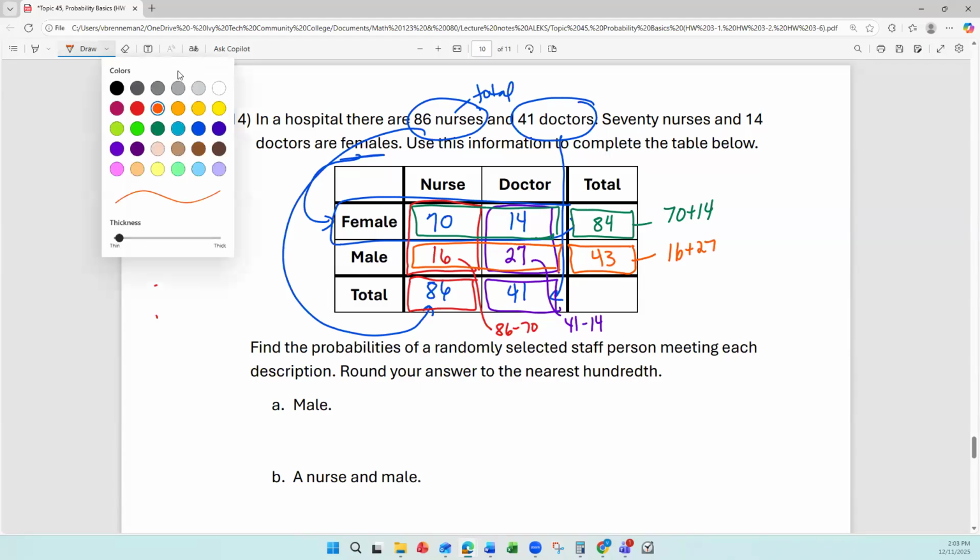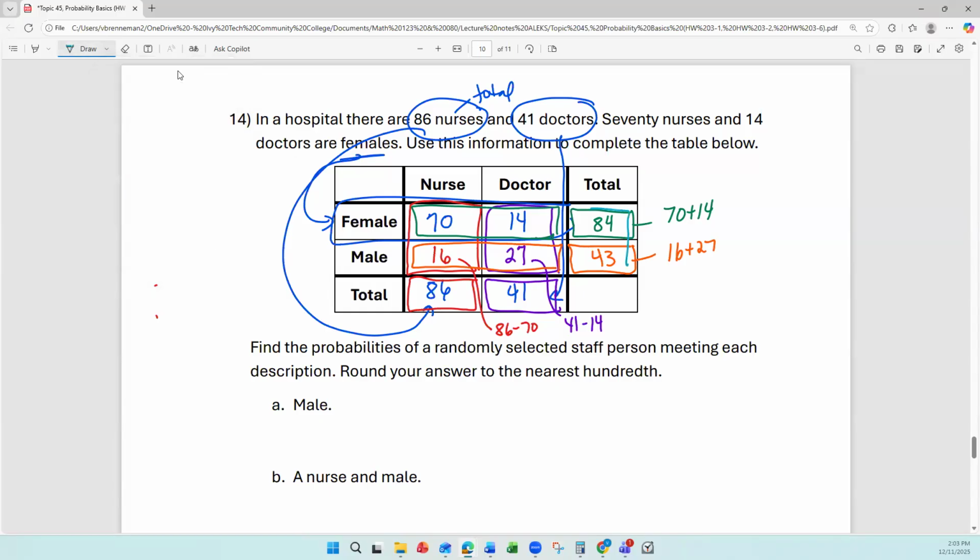And then the overall total is the total of the total column, and it's the total of the total row. So 84 plus 43, or 86 plus 41, both of those add up to 127.